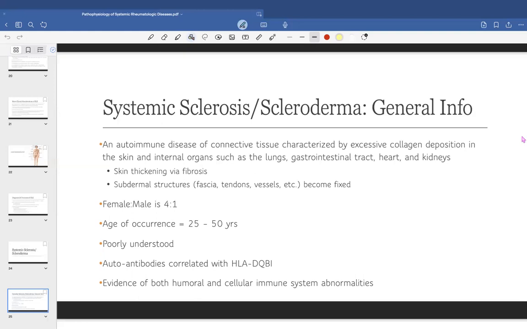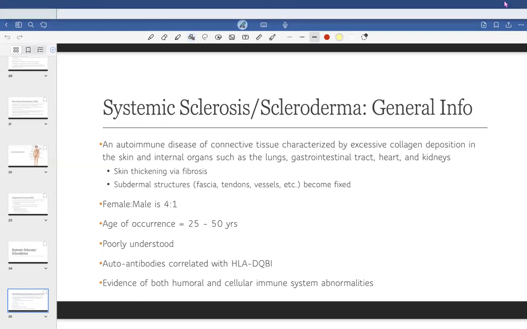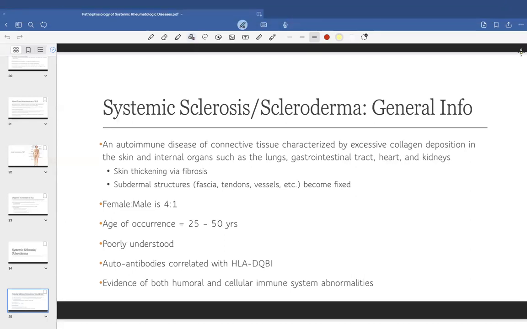The kidneys. Okay. And when you get all this fibrosis in the skin, some of those subdermal structures like fascia, your tendons, all these vessels, they become fixed and they can actually get obliterated.